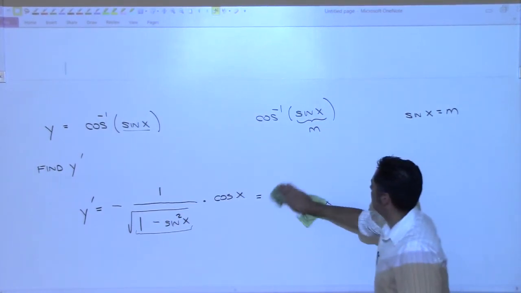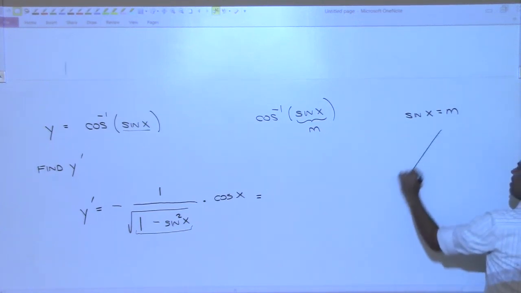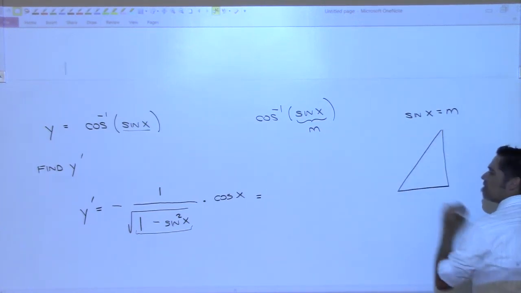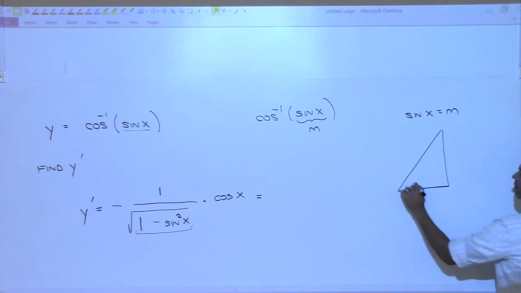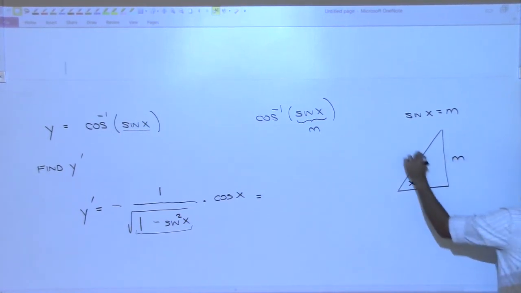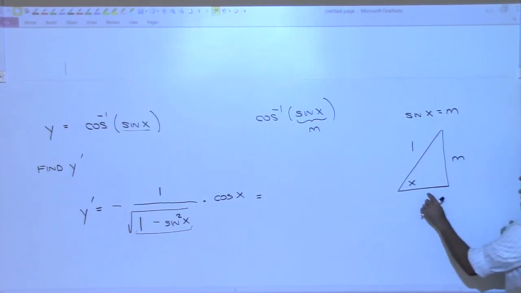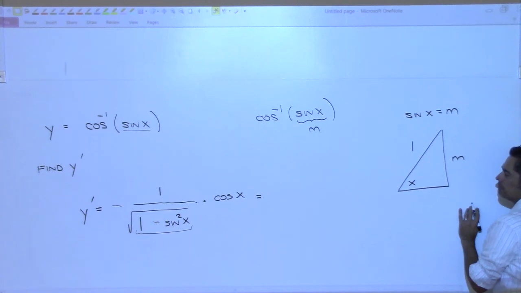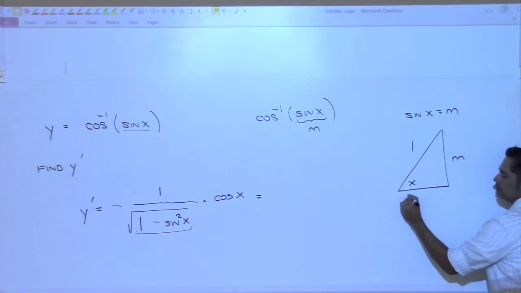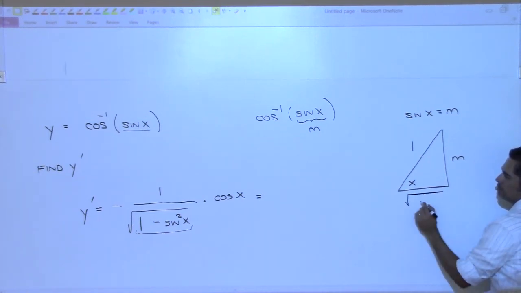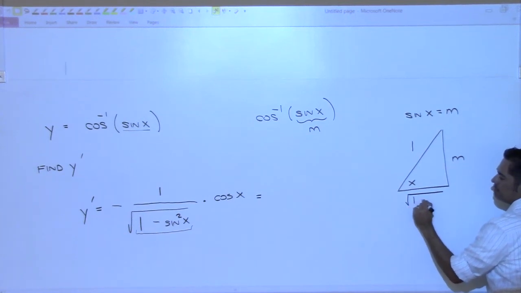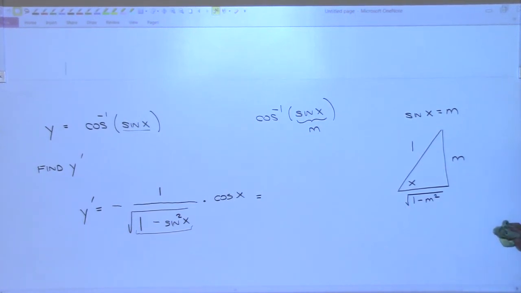So if sine of x is m, do you agree with this? Does that picture go with that? Yes? All right. What is this side? Square root of 1 minus m squared.